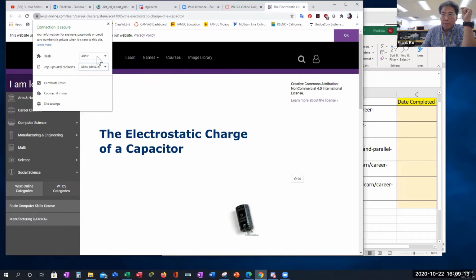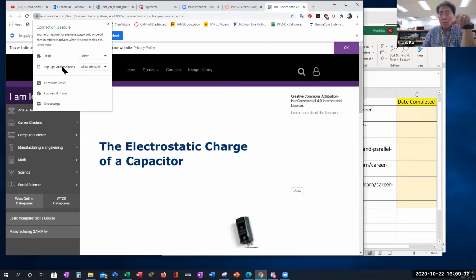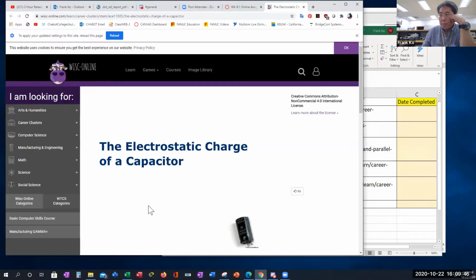Flash and pop-ups should both be in allow mode in order for you to view and listen to any of these links that are supplementary to your lessons for online work this week. So again, if these don't play, come up to your address bar, click on the padlock, and you'll see a choice between block Flash and allow Flash. We want to allow, and the same for pop-ups and redirects. Pull down on this; you don't want to block, you want to allow. Both should be on allow, and you should be able to play this.